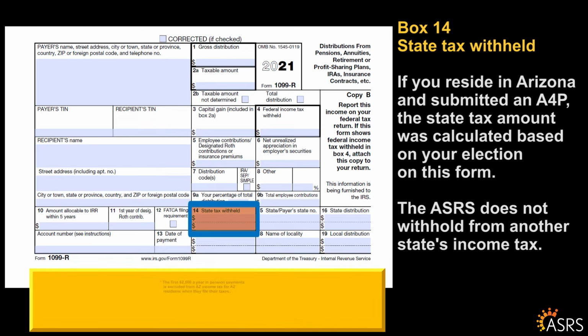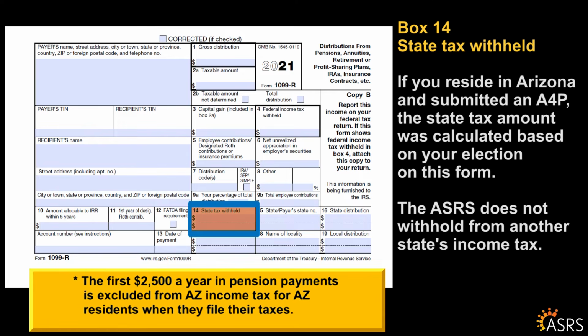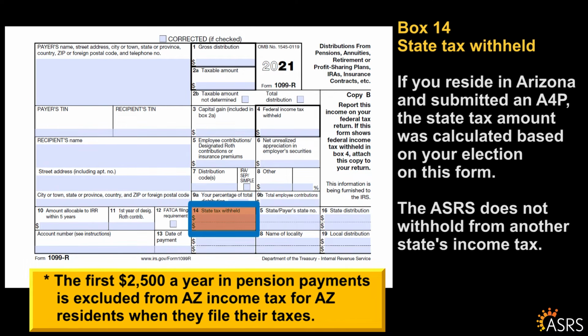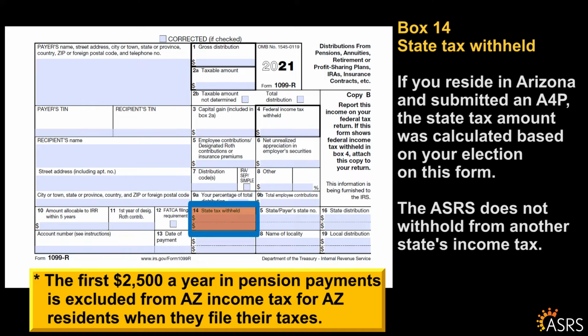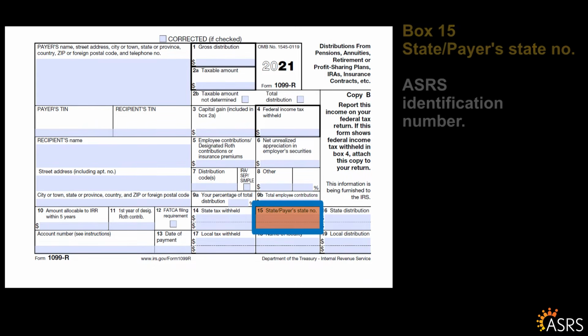If you reside in Arizona and submitted an A-4P for the ASRS to withhold state taxes, the total of all the monthly amounts are shown here. The ASRS does not withhold from another state's income tax. If you received a partial lump sum paid to you, the mandatory Arizona state withholding was 5% of the full amount. State payer's state number is the Arizona State Retirement System's identification number.